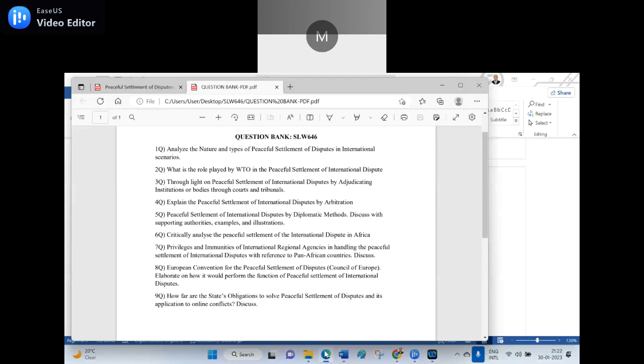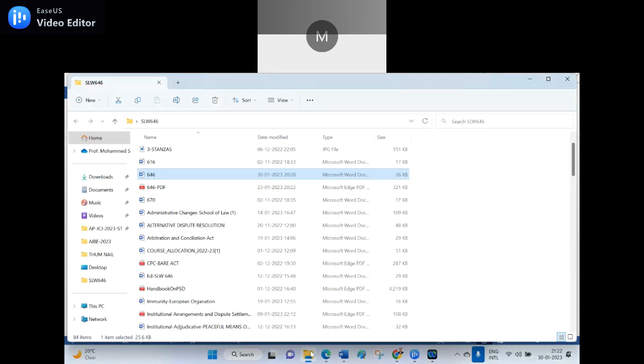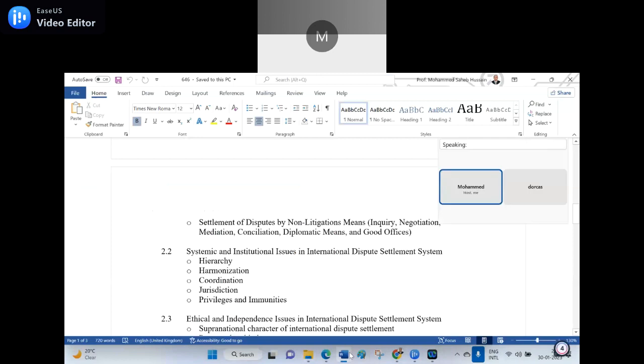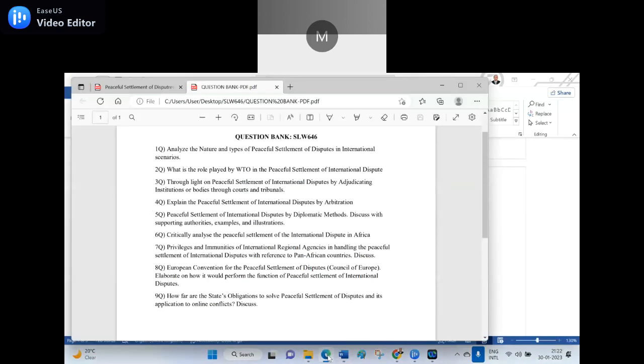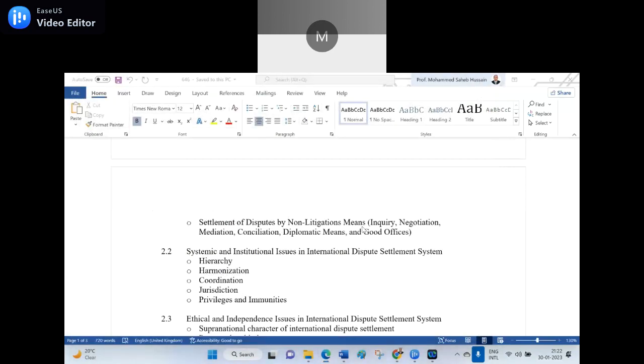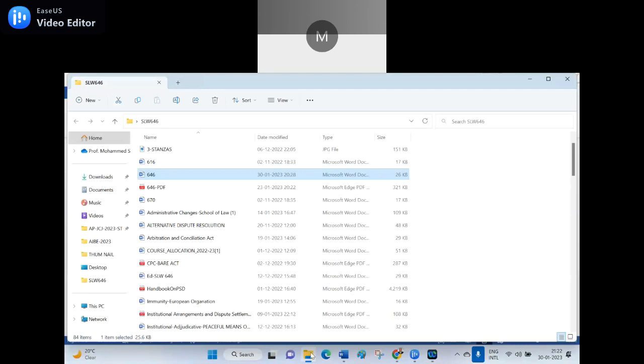So I already sent you the non-litigation, how the cases would be there. I will post you 8 questions. I opened the file, but when I opened arbitration, the handbook, it is there.